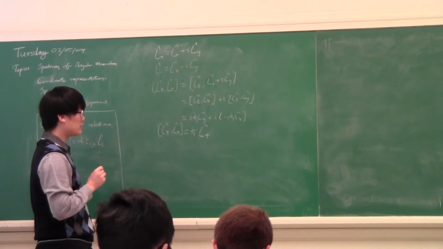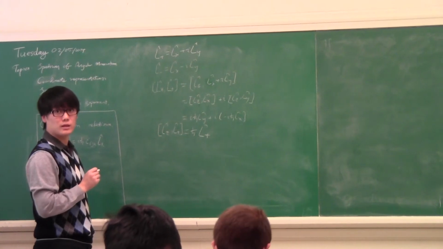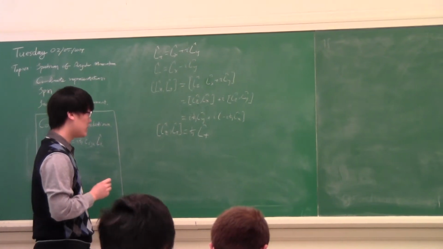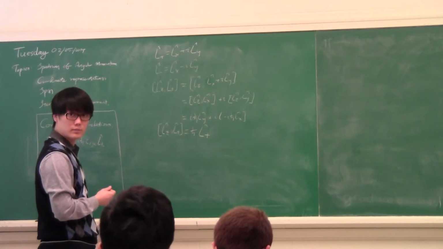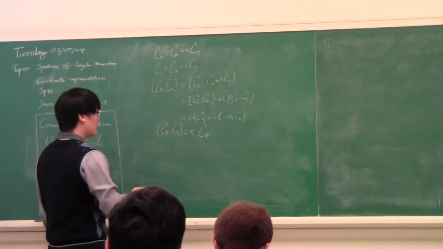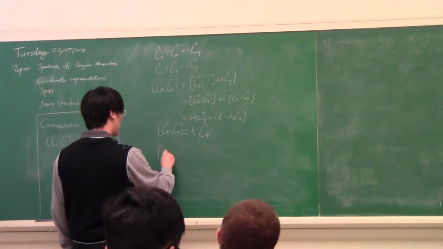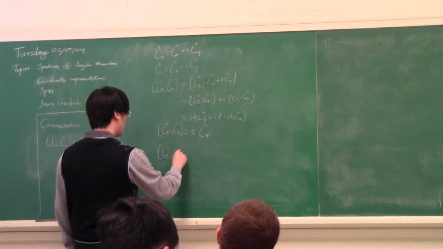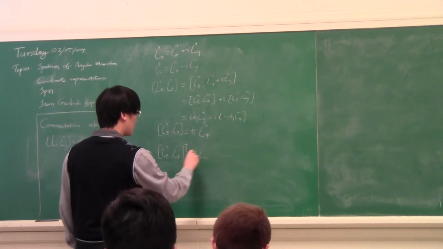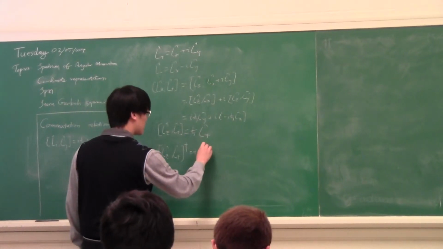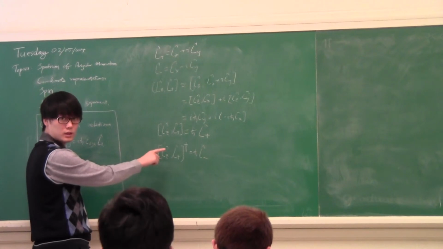And from this equation, we can directly write down the commutator of Lz and L minus. How do we do that? Since we know that L plus and L minus are Hermitian adjoints, we can take the adjoint of this commutator. How do you take the adjoint of a commutator?